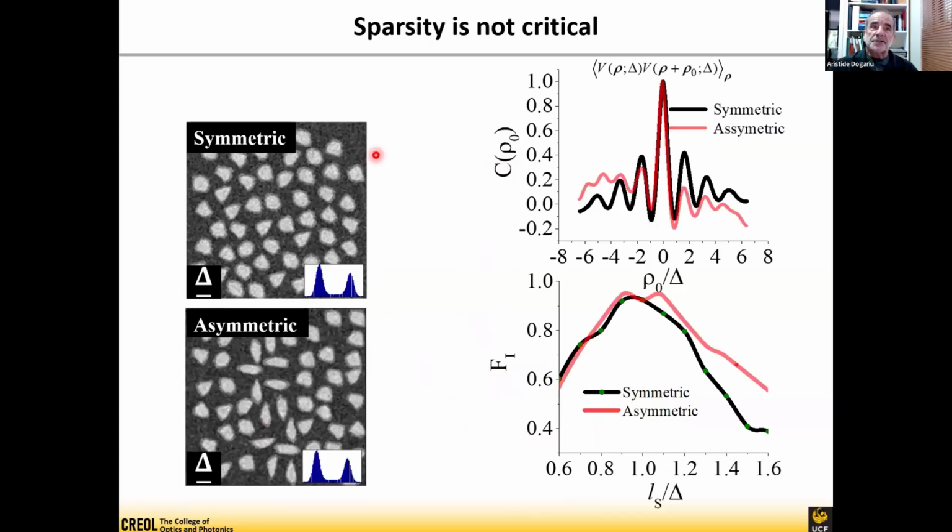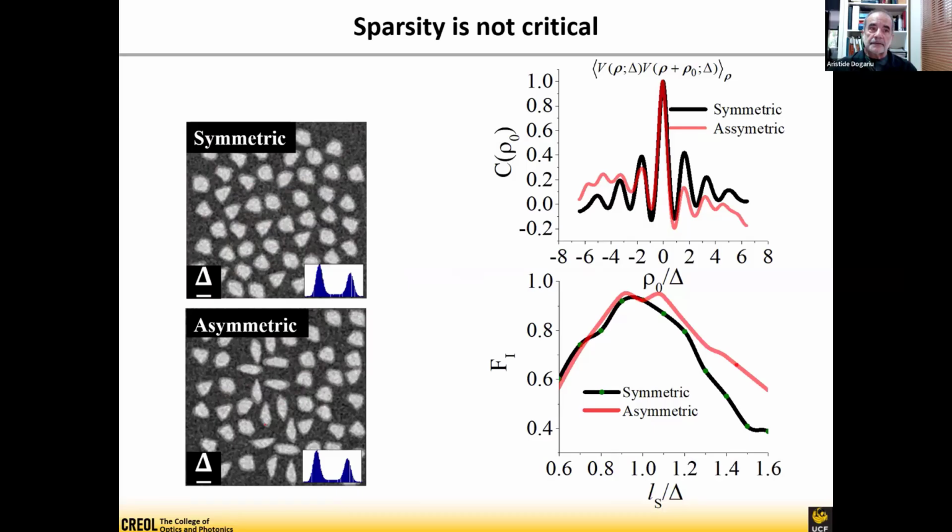The sparsity of these targets is not critical. It works equally well for symmetric and, on average, asymmetric random targets. Again, you do not recover an image, you recover an average property, an average length that characterizes this random scattering potential, if you wish.